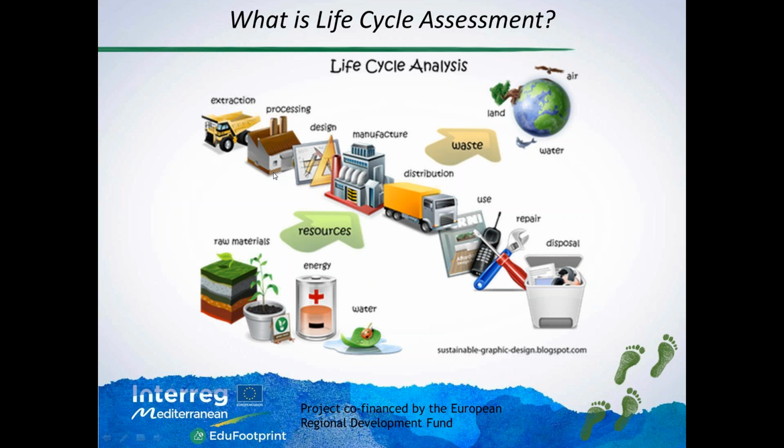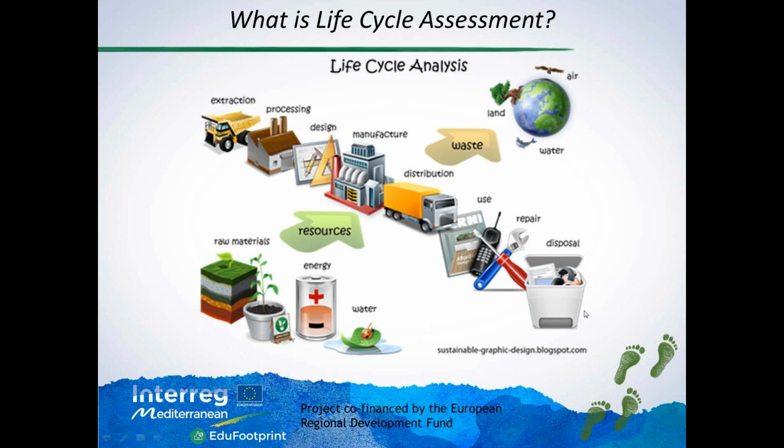I like pictures. So here there is the life cycle of our product, which starts from extraction, then there is processing, maybe there could be design, manufacture. So this is the firm. Then there is the distribution phase, transport. There is the use, the repair phase, and at the end there is the disposal one.